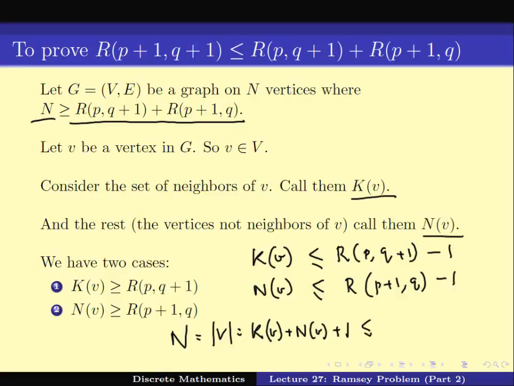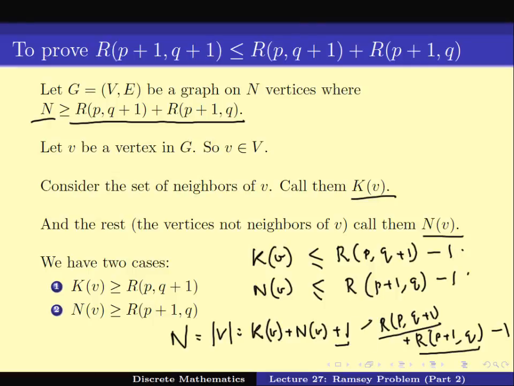Which is less than or equal to R(p,q+1) plus R(p+1,q), minus 1 minus 1 is minus 2, and then plus 1, so I get minus 1. So, if neither case 1 nor case 2 holds, then the number of vertices is strictly less than R(p,q+1) plus R(p+1,q).